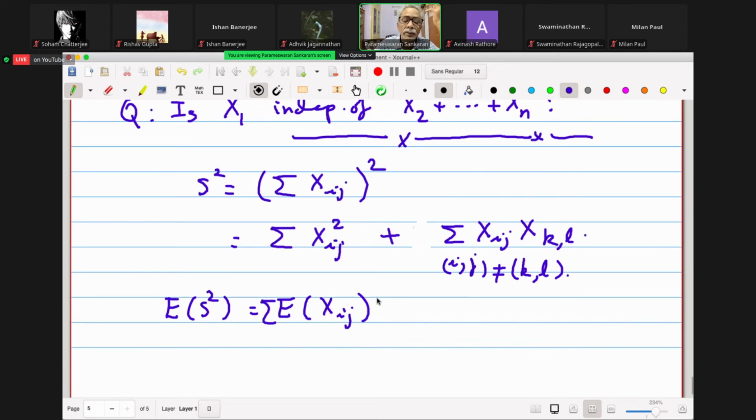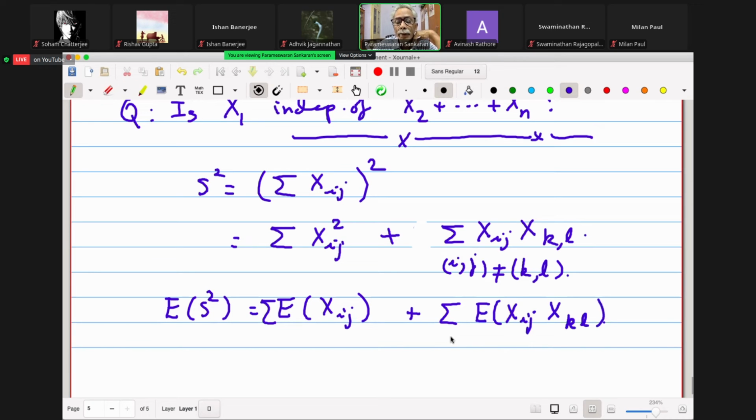That's clear, because it is an indicator function of a specific event. You use that immediately, or you just directly do it also. Either way, you get this plus the expectation of the summation of x_ij x_kl.